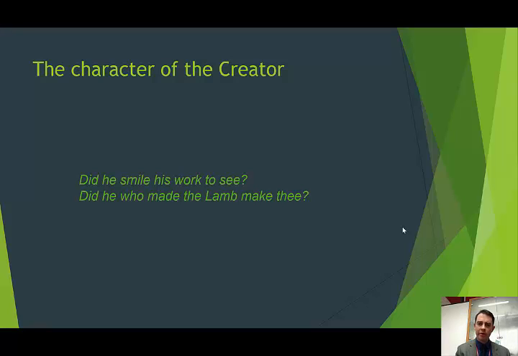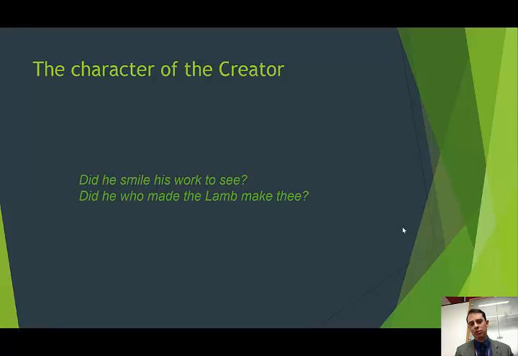Just like we've done over the past few stanzas, where we have marvelled at the destructive power of the tiger, and we've marvelled at the symmetry of the tiger's creation. Does the Creator do that? Is the Creator happy that the tiger is terrifying?